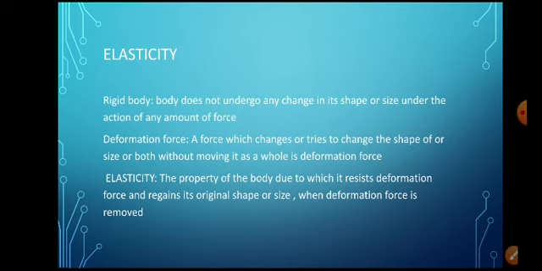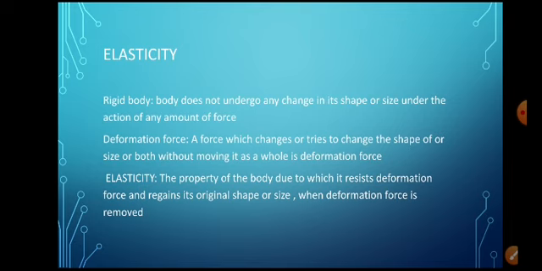This type of force is called a deformation force. A force which changes or tries to change the shape or size or both without moving the body as a whole is called a deformation force.